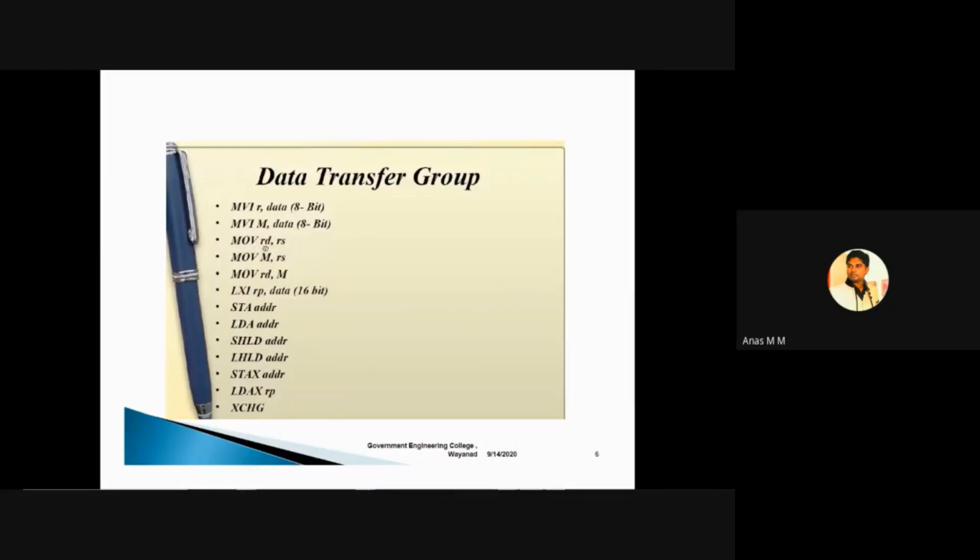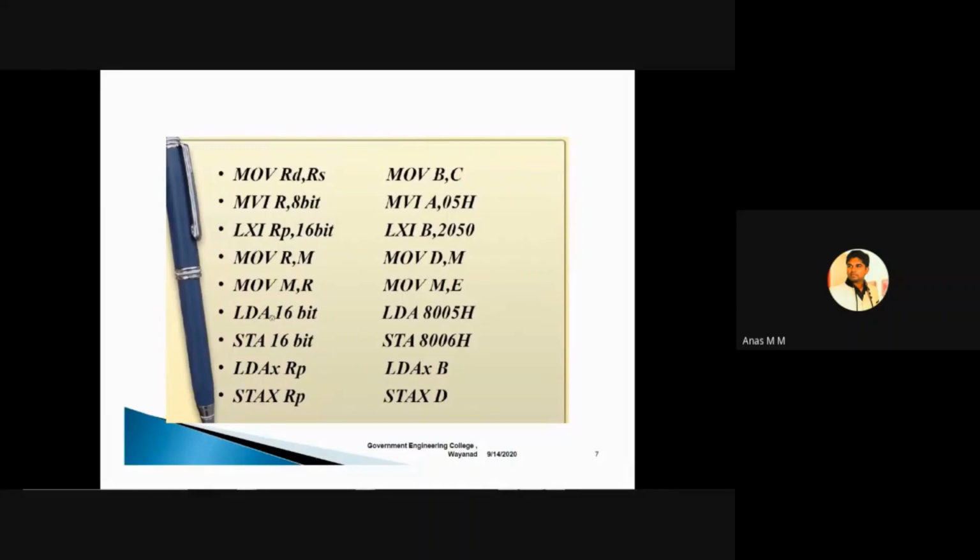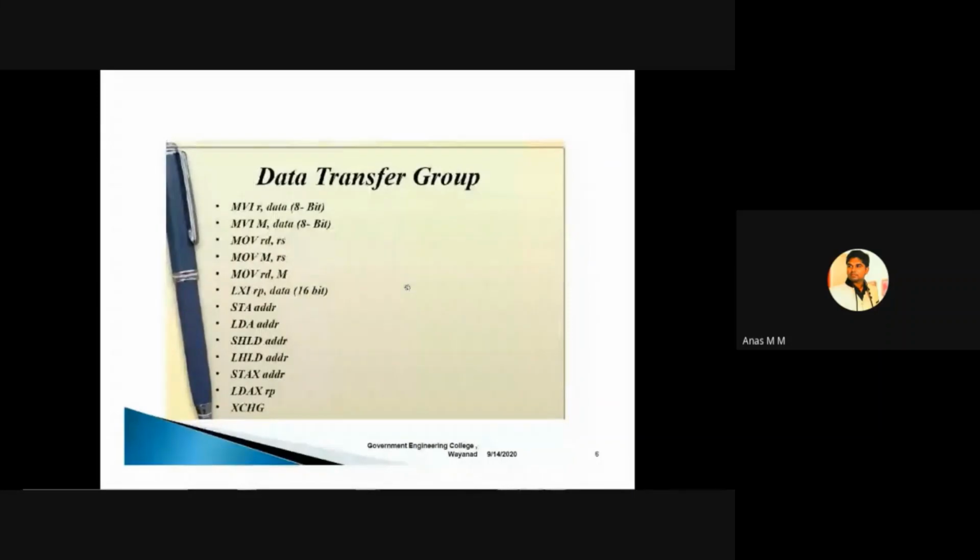There is a source register and a destination register, so we can copy the data from the source register to the destination register. These are various examples of data transfer instructions. You can go through this. All these instructions we use only for transferring data from one place to another. So that is a grouping.